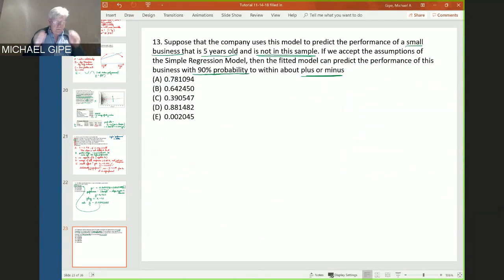So remember what we're trying to do here. We're trying to predict a new value, and so we're talking about a prediction interval. So what are we looking for? Now, we need a prediction interval of what?